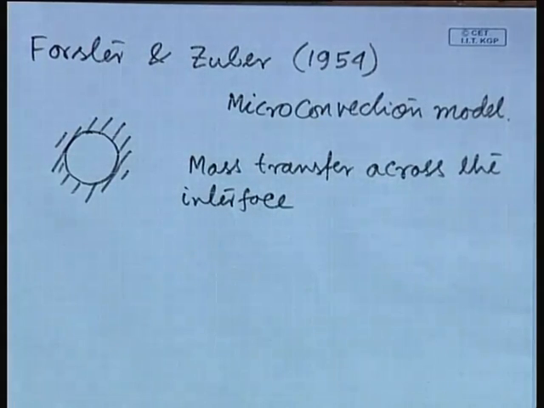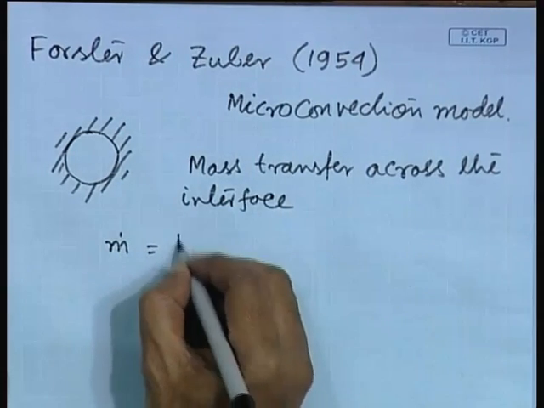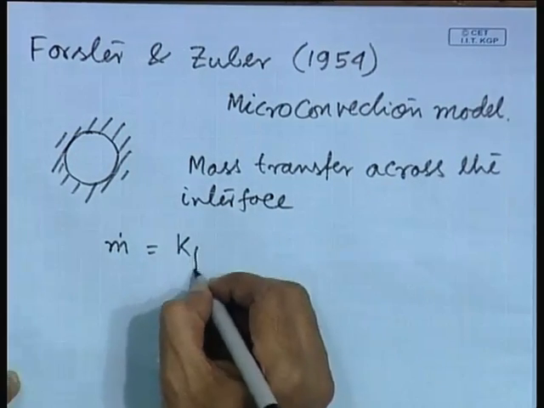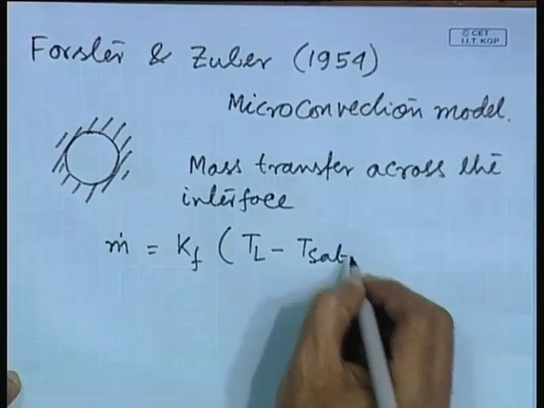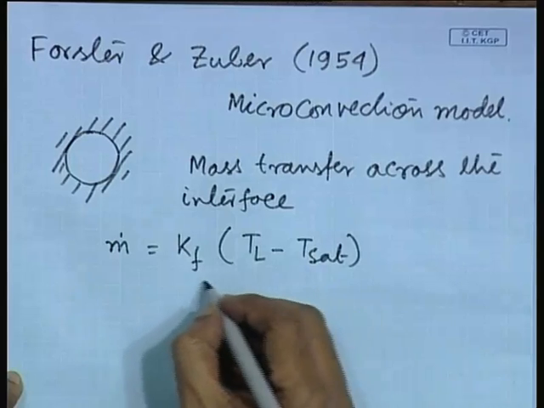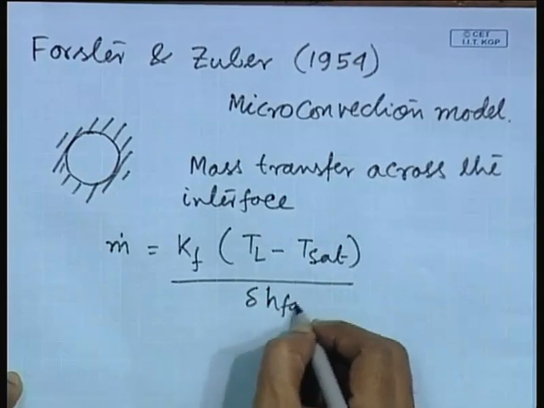Mass transfer across the interface we will get m dot is equal to Kf (TL minus T saturated) divided by delta into HFG.